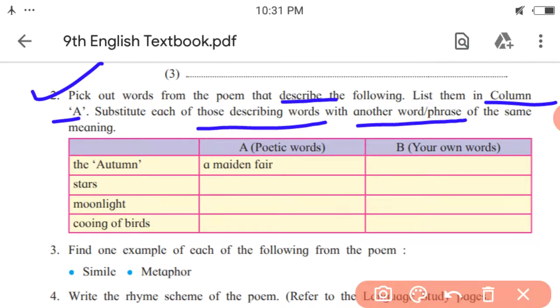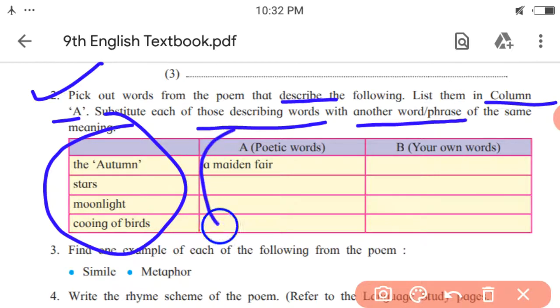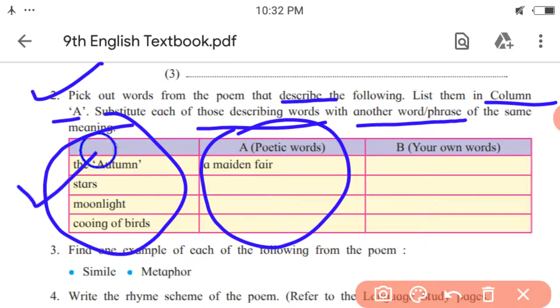So in the first column, here are the nouns or the noun phrases from this poem. In the next column, there are poetic words or phrases used in the poem to describe the nouns given in the first column.